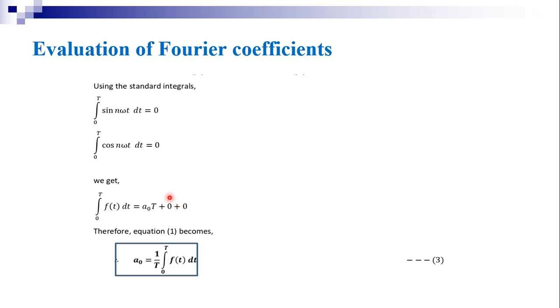The integration of the sine term will be 0, and the integration of the cos term will be 0. Therefore, we can write a naught is equal to 1 by T into the integration of f of t dt from 0 to T. So this gives the expression for the Fourier coefficient a naught.